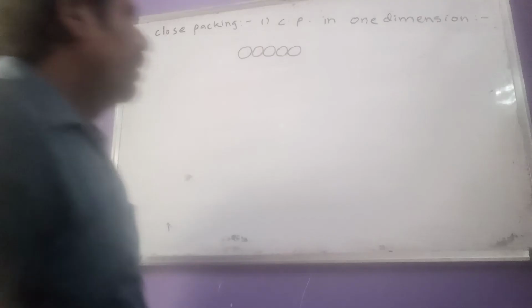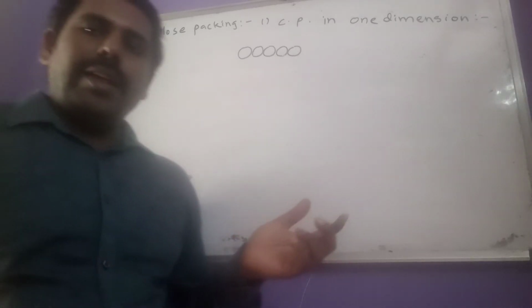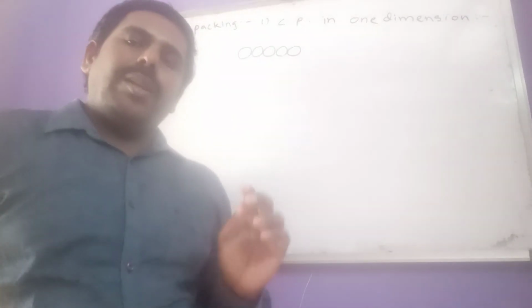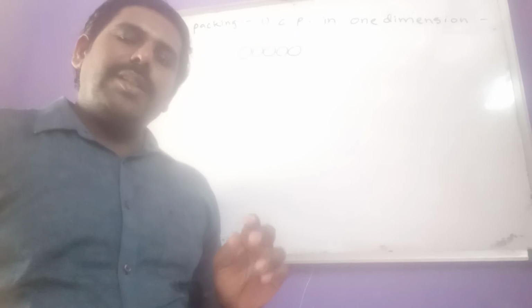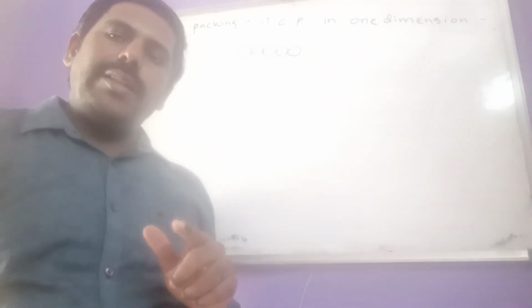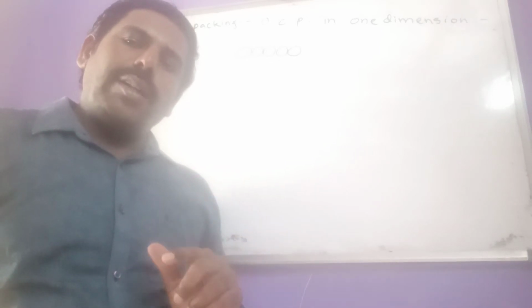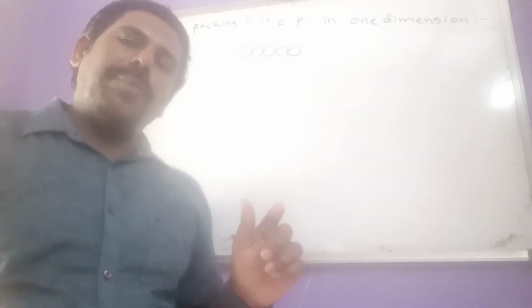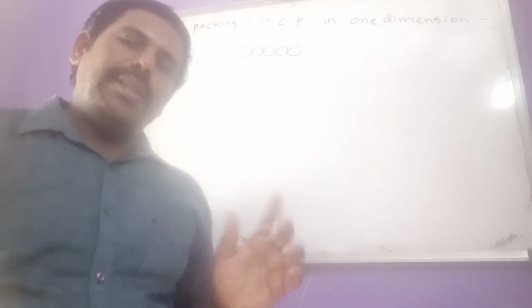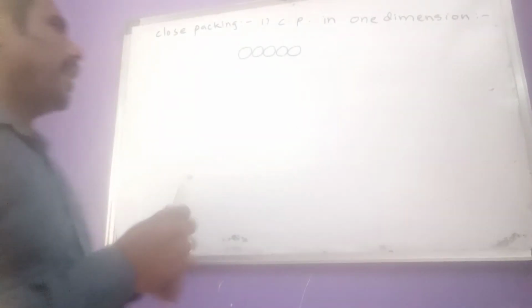Then we go for close packing in 2 dimensions, which has 2 different types. First one is square close packing. Second one is hexagonal close packing in 2 dimensions. Let us see the first one, square close packing.